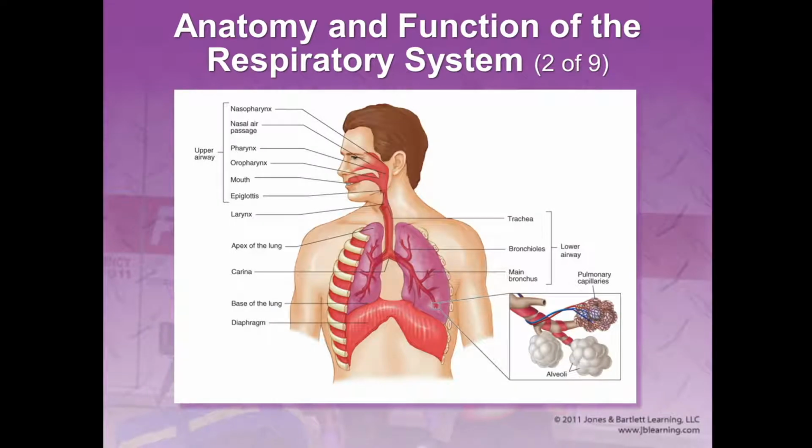Here we go. So, like I was trying to wait for, but obviously I couldn't because I was so excited to tell you about the anatomy. We'll start with your nasal pharynx and your oral pharynx. So your nasal pharynx, your nostrils have a nasal passage that goes to the back of your throat. So your nasal pharynx and your oral pharynx both meet at the back of your throat, which is your larynx.